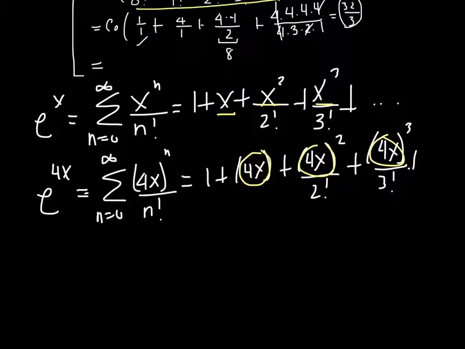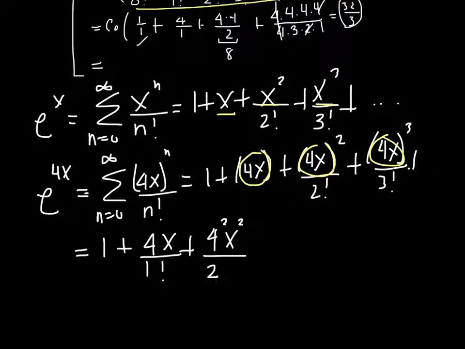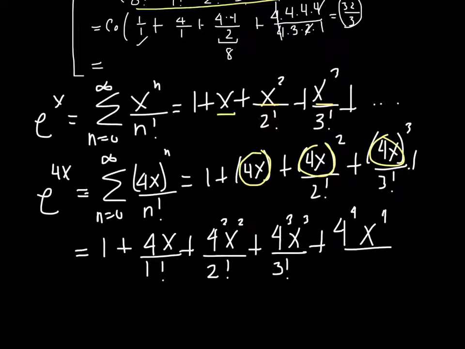We can even rewrite this a little bit nicer. Let's say 1 plus, I can say 4 squared, well, actually, that one's not 4 squared. The next one is 4x over 1 factorial plus 4 squared x squared, if I multiply in my x term, over 2 factorial plus 4 cubed x cubed over 3 factorial plus 4 to the 4th x to the 4th over 4 factorial plus dot dot dot.